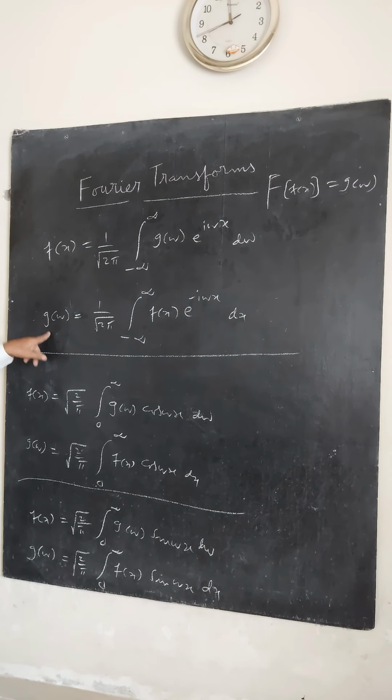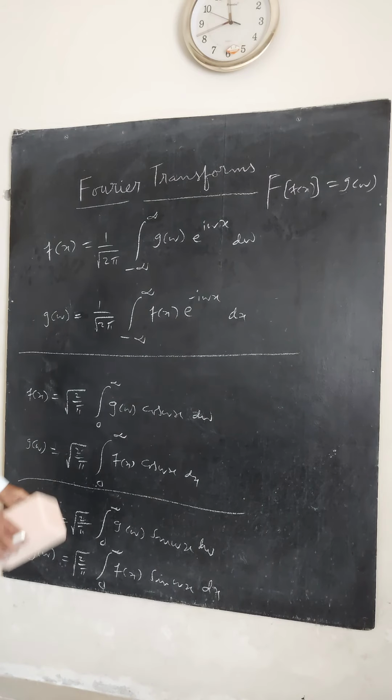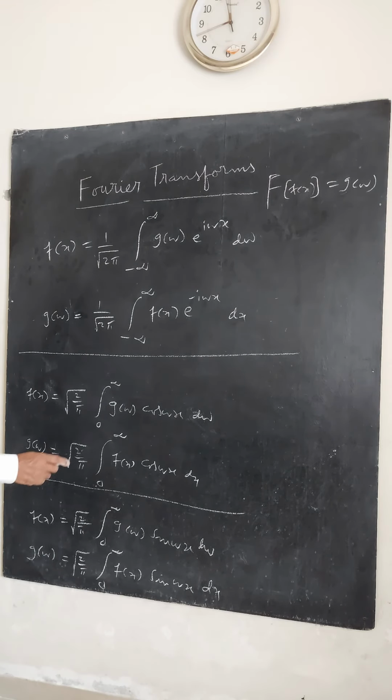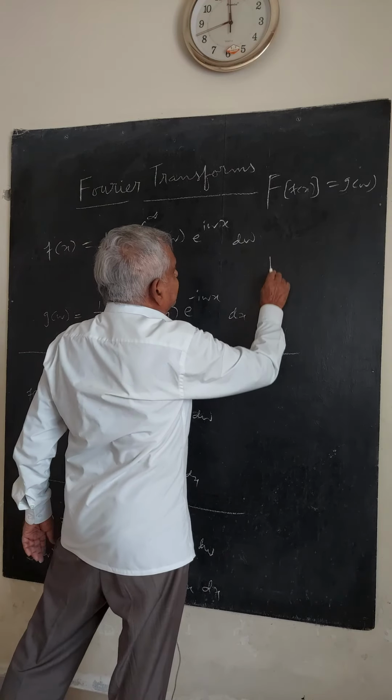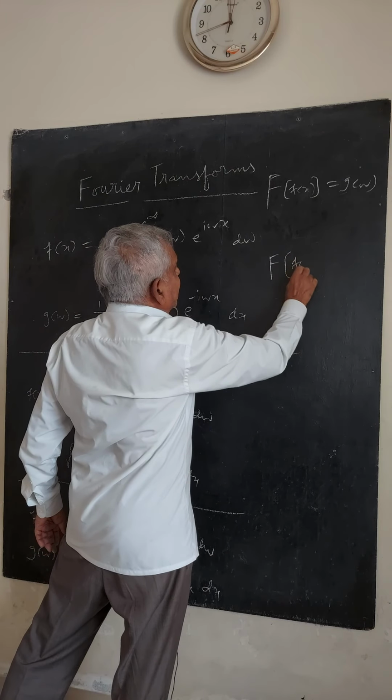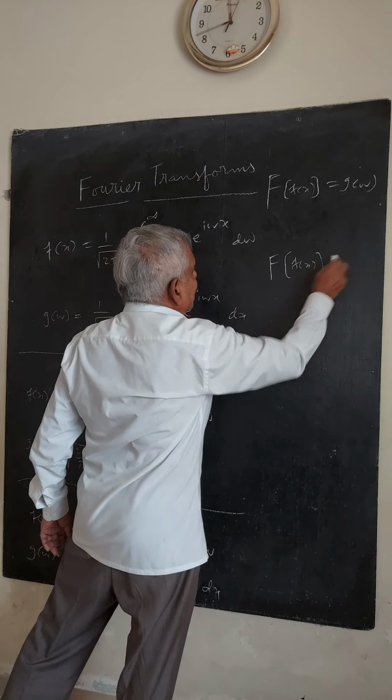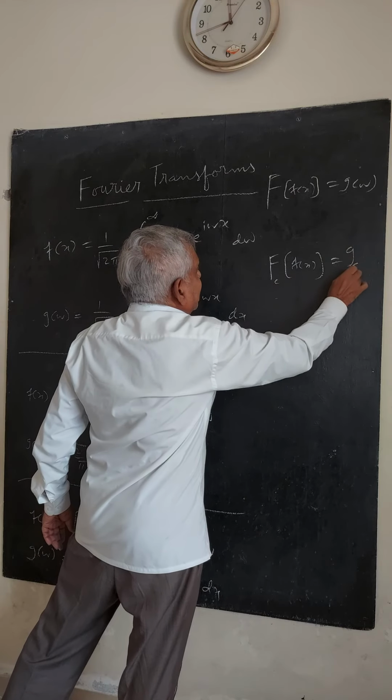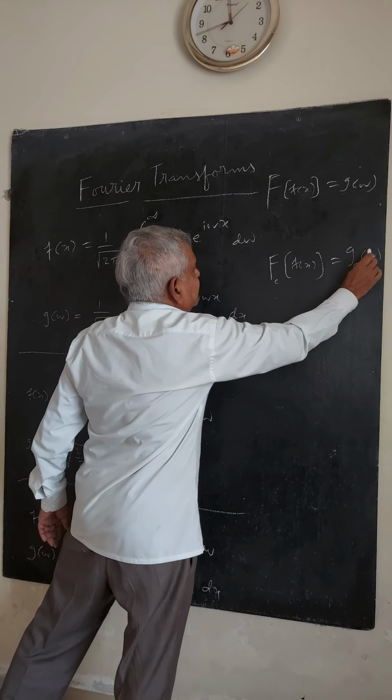This is the Fourier transform. Some authors may write inverse Fourier transform, f of x. Similarly for Fourier cosine, f of x here, G omega here. Some authors may write the cosine transform as Gc of omega.